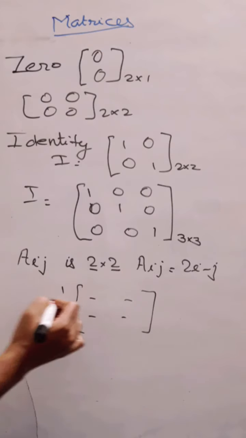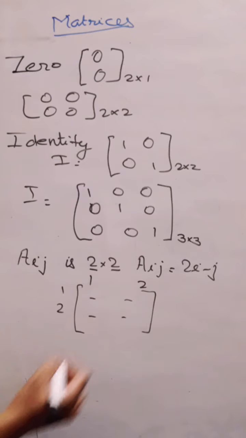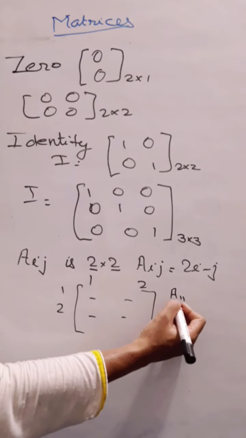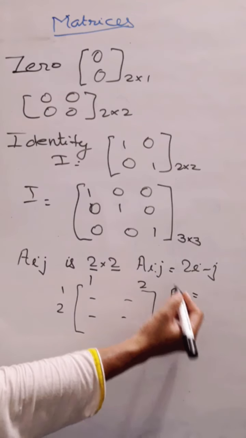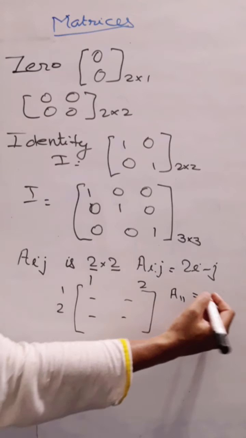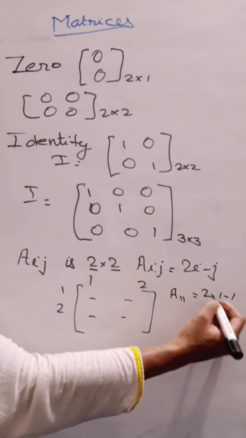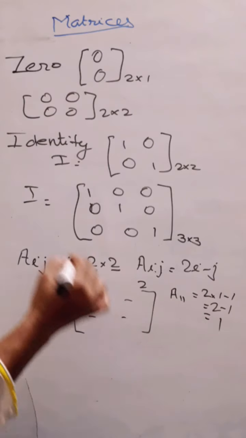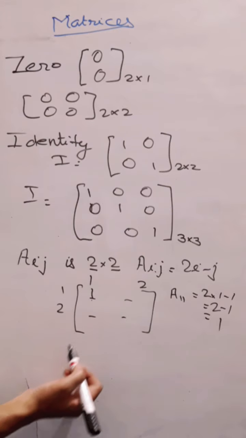This is your first row and this is second row. This is first column and this is second column. Now I need to calculate A11, means first row first column. So in place of i I will substitute 1, in place of j I will substitute 1. So 2 into 1 minus 1, that is equal to 2 minus 1, that is 1. So your first row first column element will be 1.